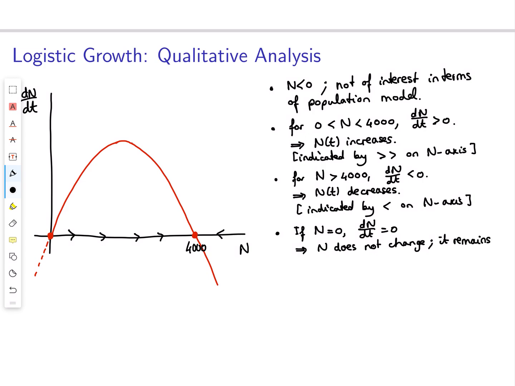If it ever is 0, it remains 0. And so that actually says that N equal to 0 is an equilibrium. Okay, and similarly, if N is equal to 4,000, we have exactly the same thing. dN/dt is equal to 0, and so N equal to 4,000 also is an equilibrium.